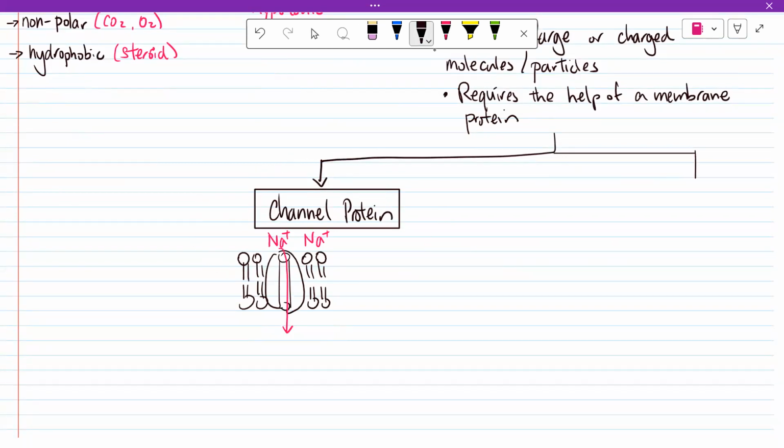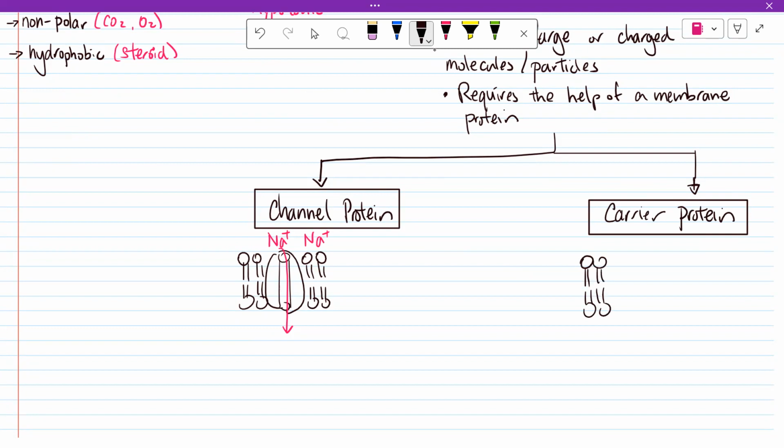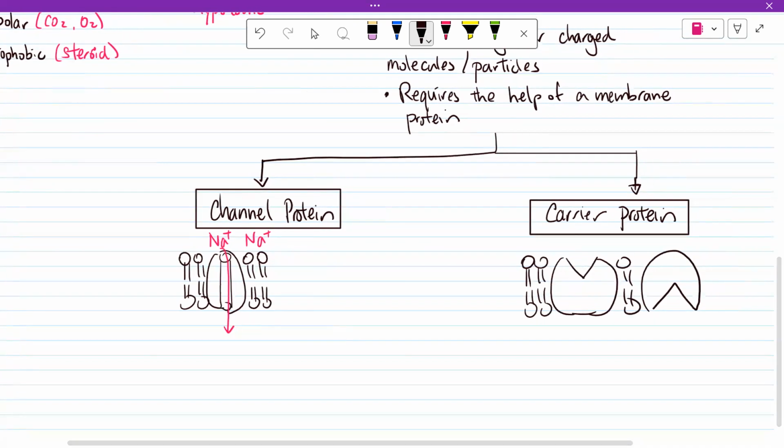And then for the other one, it was a carrier protein. This one is like a revolving door, right? The protein actually changes shape, not the shape of the molecule that it's transporting, but the protein itself changes shape, and in doing so, it transports the material over.